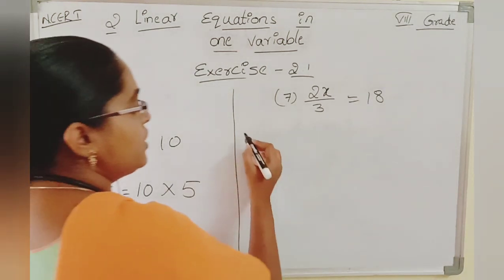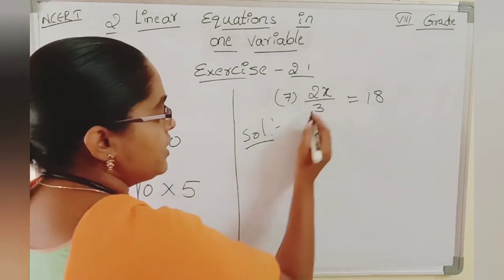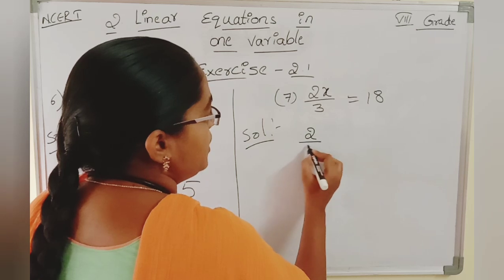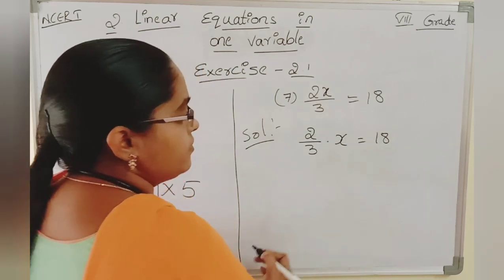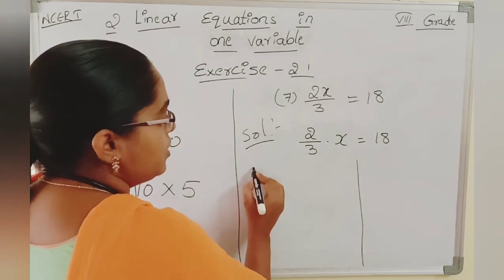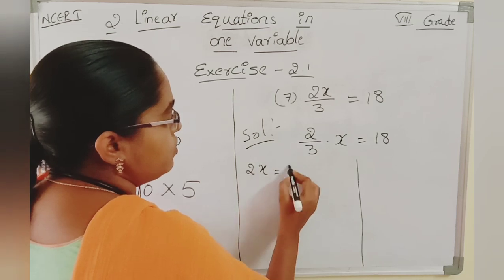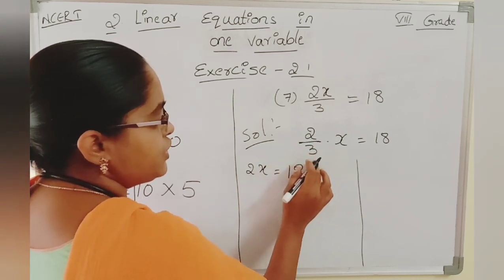Now see the next one. 2x by 3 is equal to 18. See here, 2x by 3 is nothing but 2 by 3 into x is equal to 18. So this also we can do in two ways. See the first one. 2x is equal to 18 into 3. See here the 3 is in the denominator, which means it is in division.